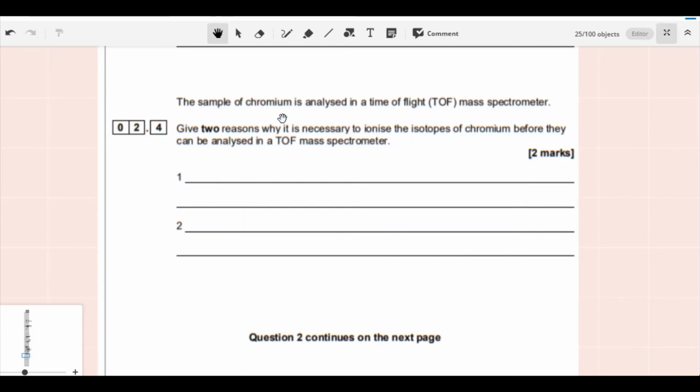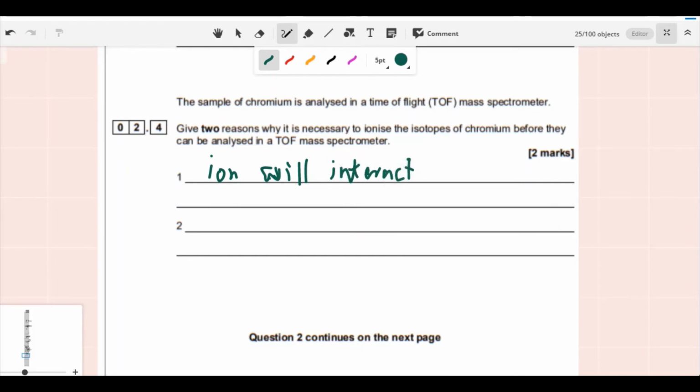Why do we need to convert the isotope into ionic form? Because ions will interact with and be accelerated by an electric field.